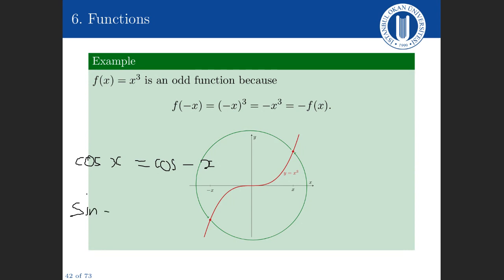And you probably also know that sine of minus x is minus sine of x. This tells us that sine is an odd function. For an odd function, the minus sign can be taken outside of the function. Sine, we can take the minus sign outside. Cos, minus sine, we can just delete, and we still have the same function.